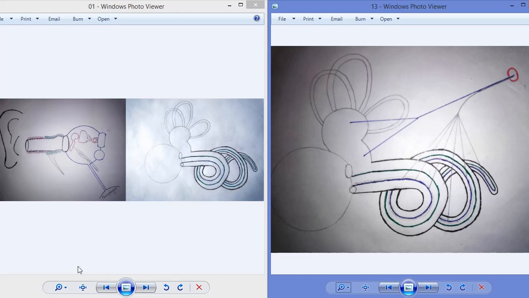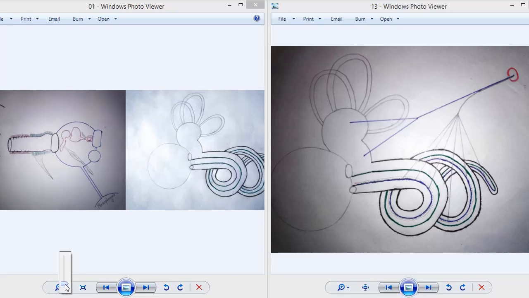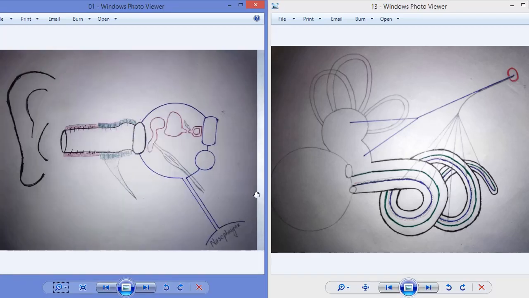The external acoustic meatus gets the sound vibration, the sound frequency, through the eardrum. The internal acoustic meatus is inside the internal ear, and it gives the connection to the brain through this hole. This is also a hole, a tube-like structure.